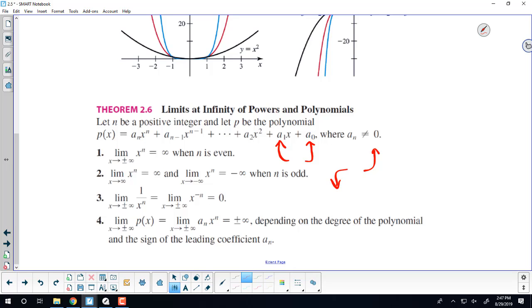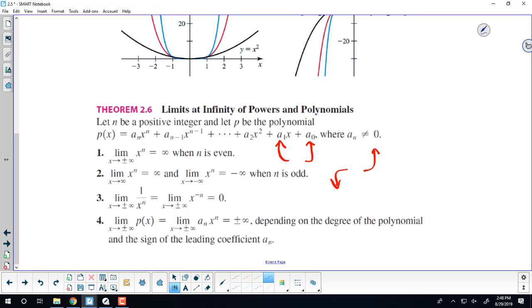And number 4 is kind of what we just summarized. The limit of a polynomial is equal to the limit of its leading term, which is either positive or negative infinity, depending on the degree and the sign of the leading coefficient. So really this theorem, maybe the proof is not in the book, I'm not sure.